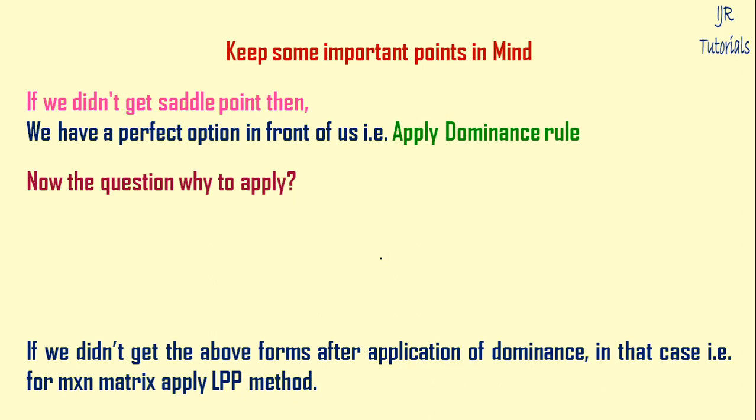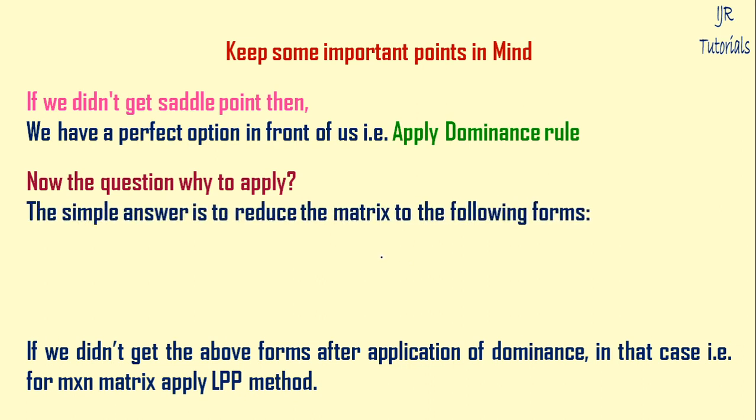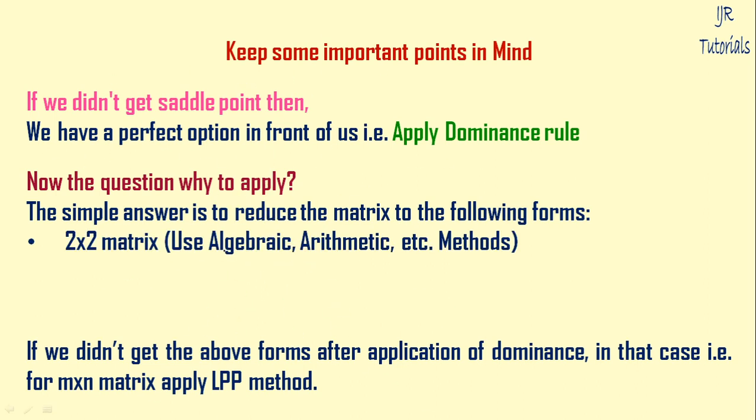Now the question: why apply it? The simple answer is to reduce the matrix to the following forms. The first one is a 2 by 2 matrix. If we successfully reduce the given matrix to 2 by 2 form, we can use the algebraic method, arithmetic method and formula based method.